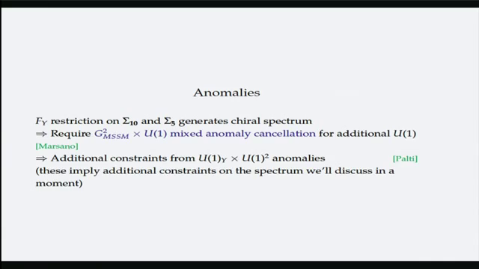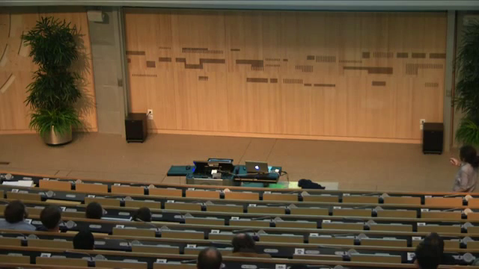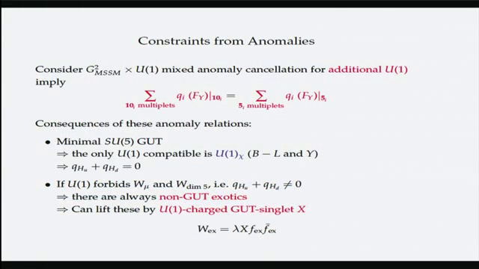What I'll discuss is the implications of this first type, because they'll be particularly relevant for the kinds of models I'll discuss in a second. These G_MSSM times U1 mixed anomalies impose a very simple equation. You just compute these diagrams, and you find this anomaly cancellation requirement. We have some U1 symmetry, and I haven't even said what the U1 symmetry is. So let's go through this.